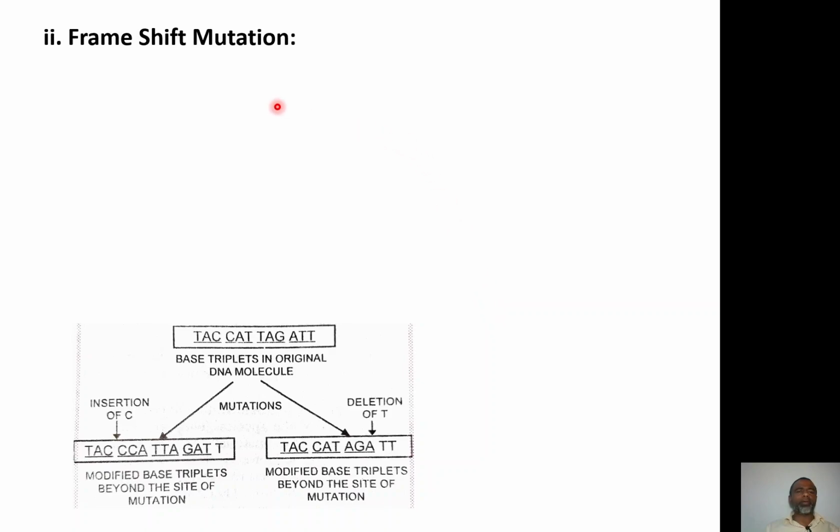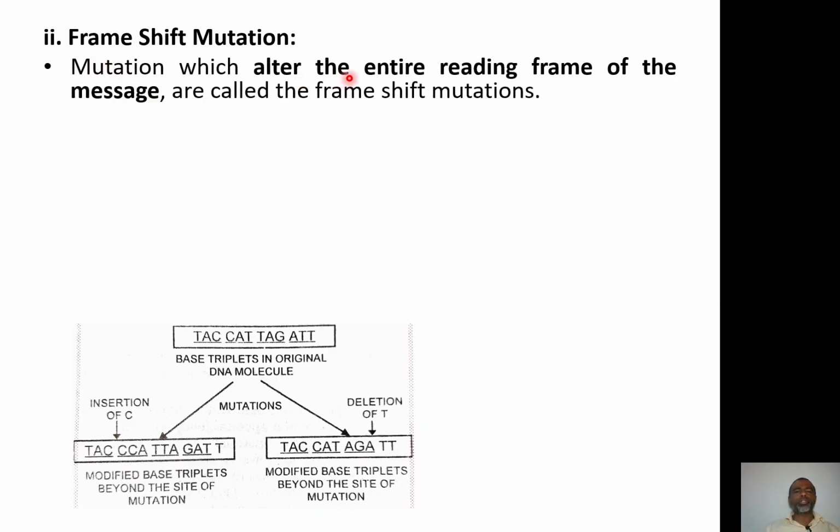Then you are having the frame shift mutation. When a mutation alters the entire reading frame of the message. What do you mean by the reading frame of the message? Say for example, DNA is having bases on it, TAC, CAT, TAG, ATT. So, this is the reading frame.